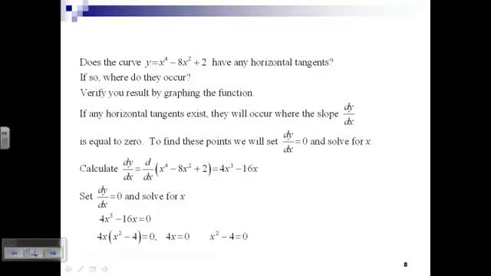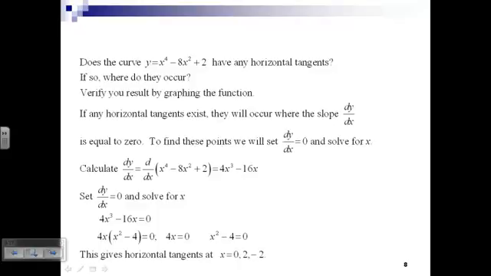When you factor out a 4x, you get 4x times x squared minus 4. X squared minus 4, one of our favorite algebraic things in the world, is the difference of squares. And when we do that, we get essentially two different problems. When is 4x equal to 0? When x equals 0. When is x squared minus 4 equal to 0? At 2 and negative 2. So we have horizontal tangents at 0, negative 2, and 2.